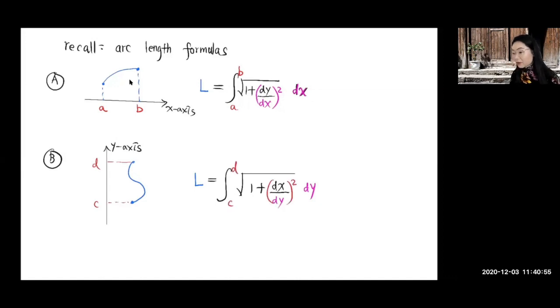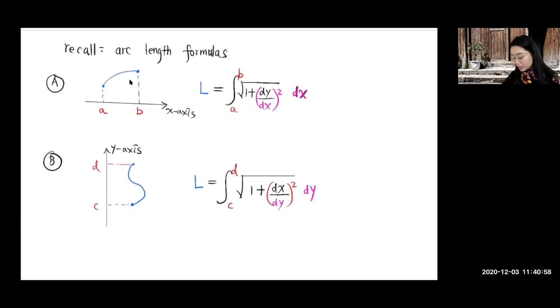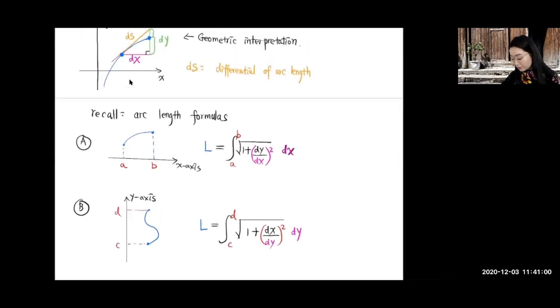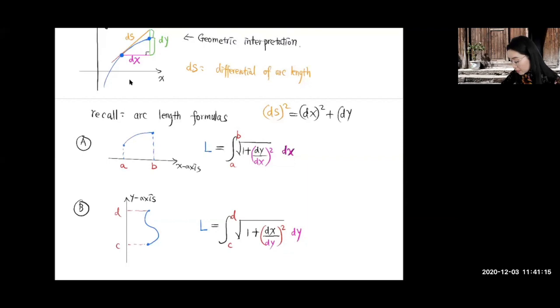So we have these two formulas. Based on what we have above, we found that ds squared is equal to dx squared plus dy squared, right?